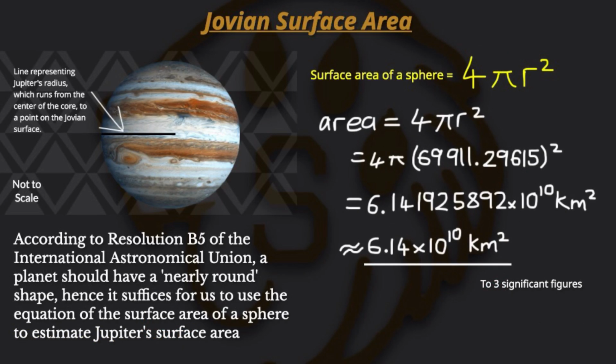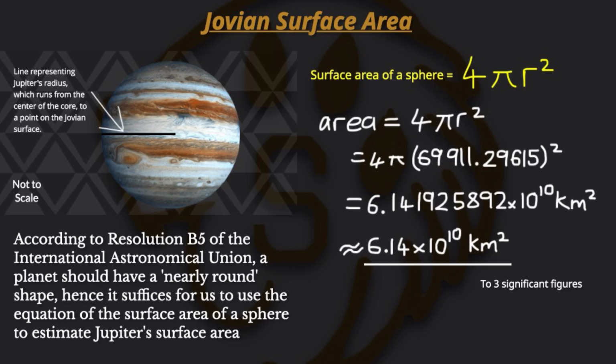Now using the same criteria in resolution B5 of the International Astronomical Union, we can also estimate the surface area of Jupiter, because we know the surface area of a sphere is 4 pi r squared. So we can use that equation again to find the surface area for Jupiter. And like we saw, we already calculated what r, the radius, is, which is 69,911.